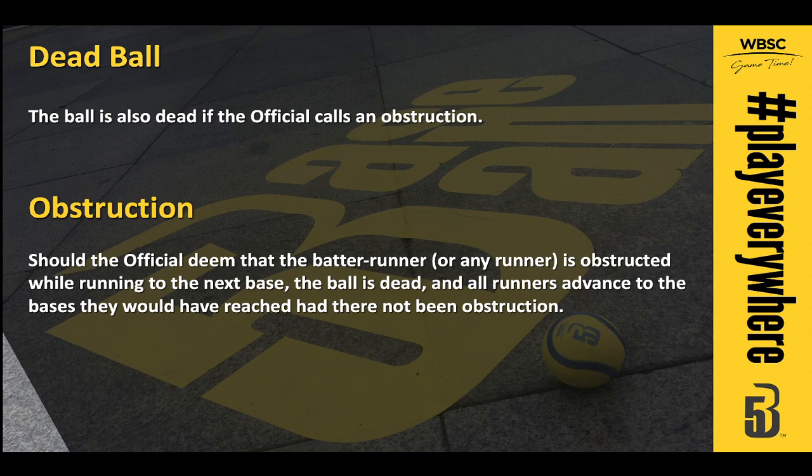So it's not as if extra bases are awarded, but let's just say you're running from first to second, and the second baseman gets in your way. If the officials see it and make the proper call, you'll get to go to second base. So it's important for the defenders not to block the base paths, or they'll be giving away a lot of free bases.